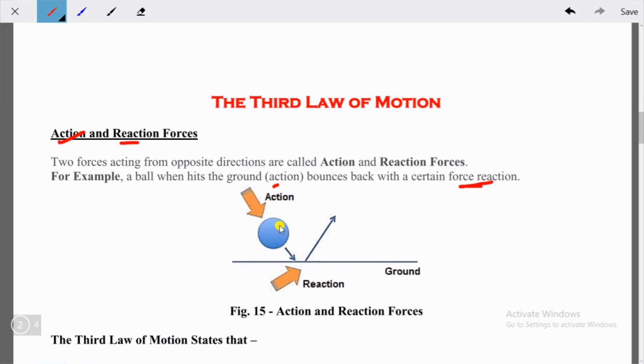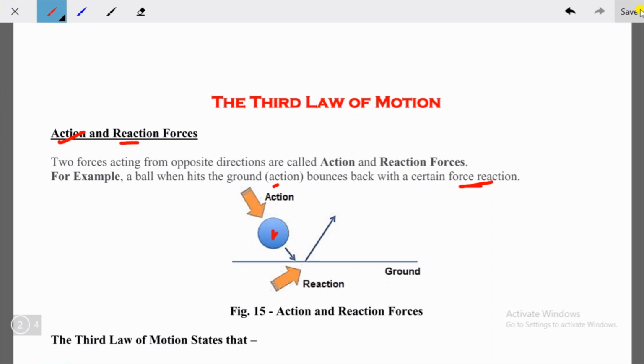In the diagram you see this ball is hitting the ground. This activity is action, and after hitting the ground it bounces up, that is called reaction. We'll need this concept of action and reaction while understanding Newton's third law of motion.